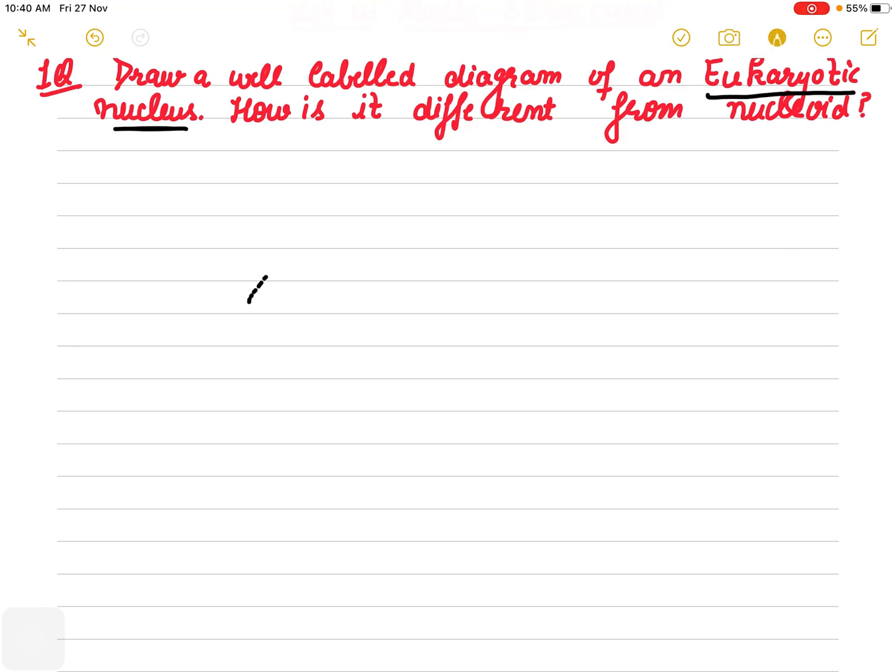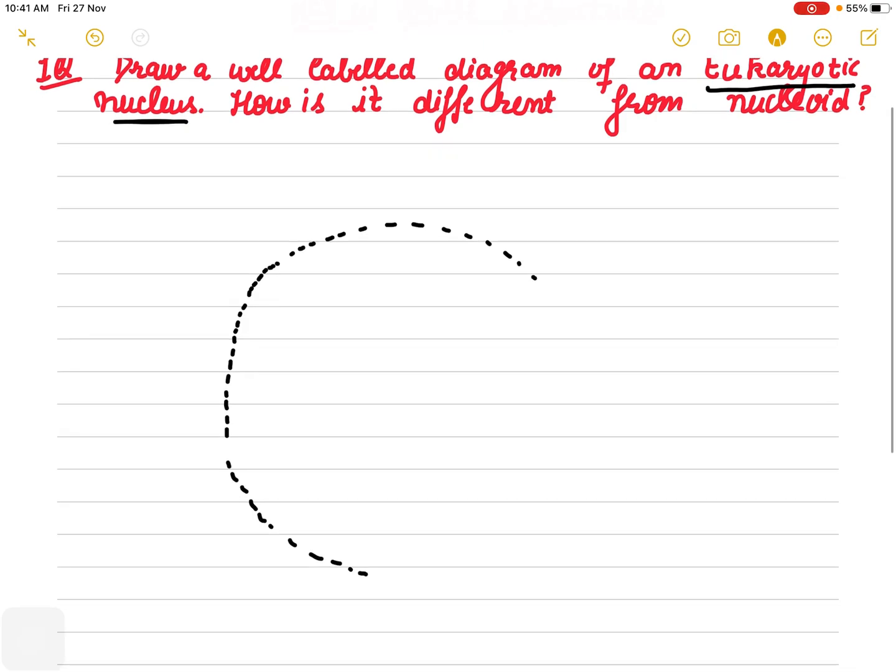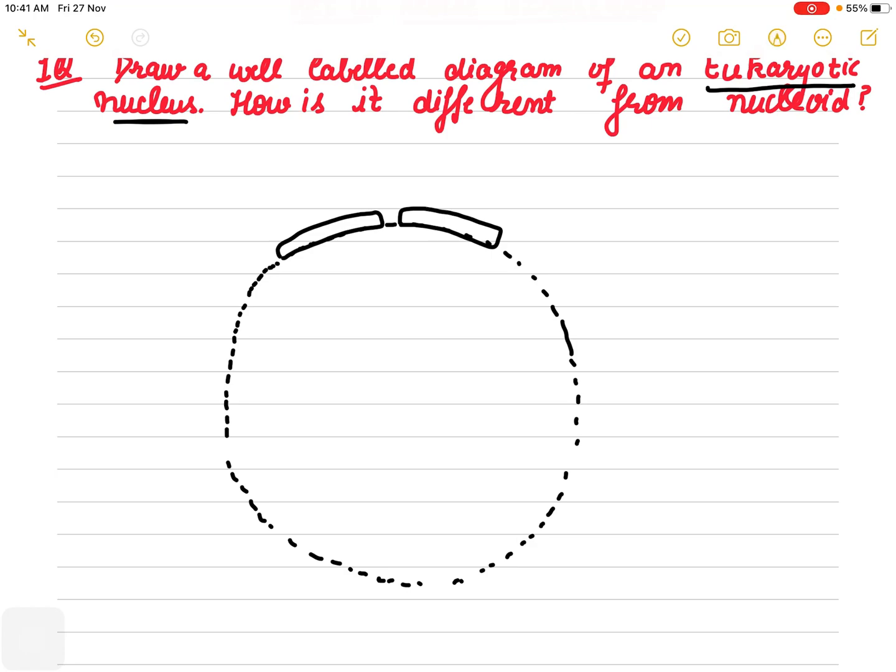Let's first draw one circle, right? You have to draw one outline so that you can easily draw the outer membrane. Now always remember that the outer nuclear membrane in the eukaryotic nucleus is not continuous, right?